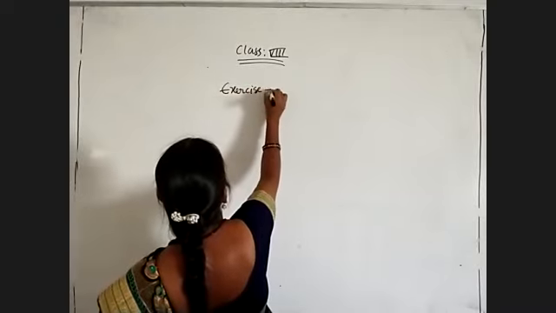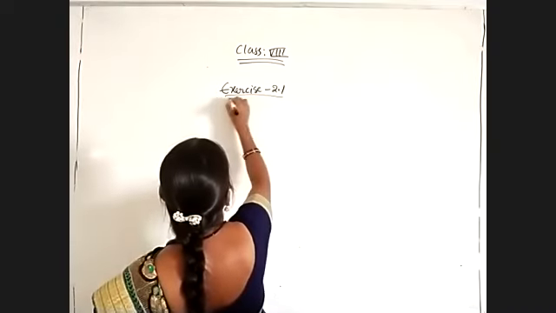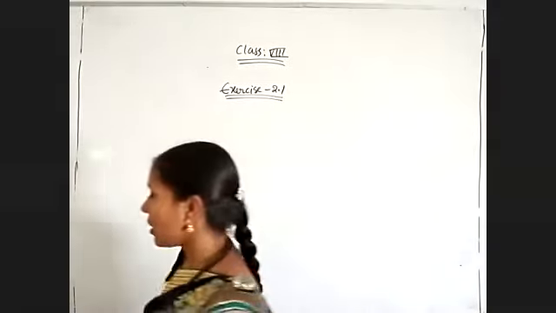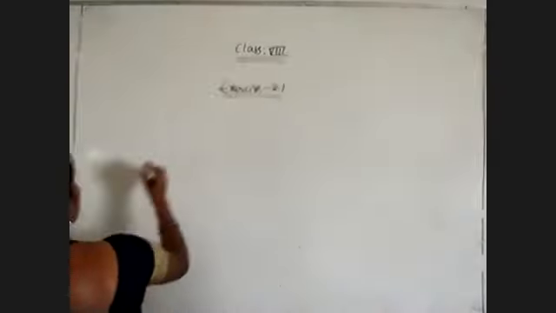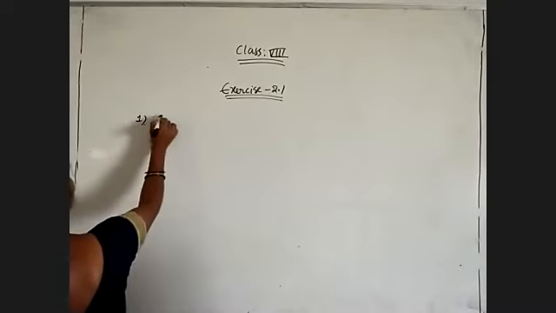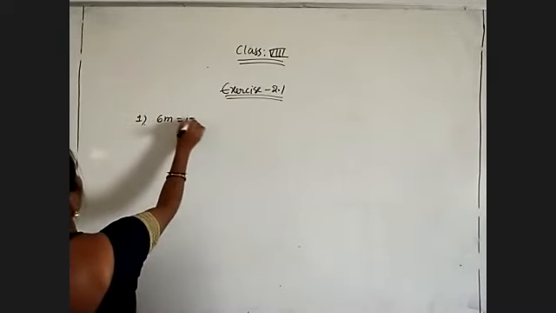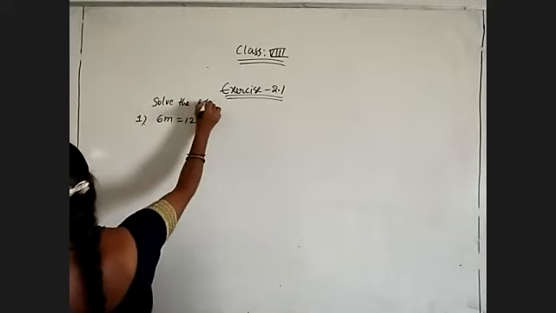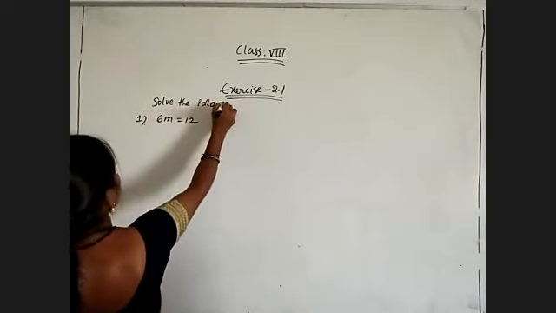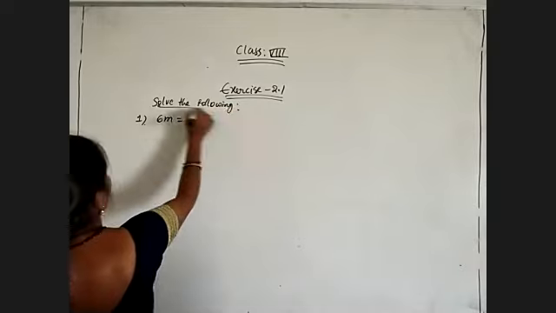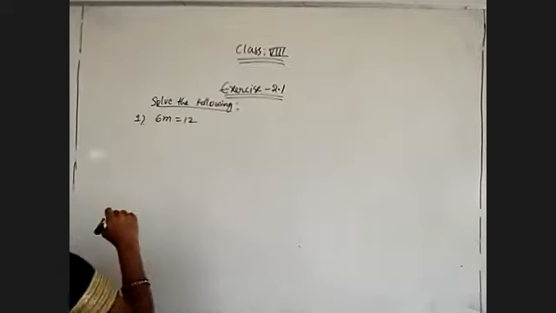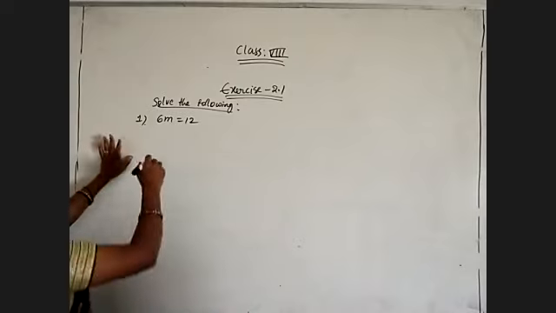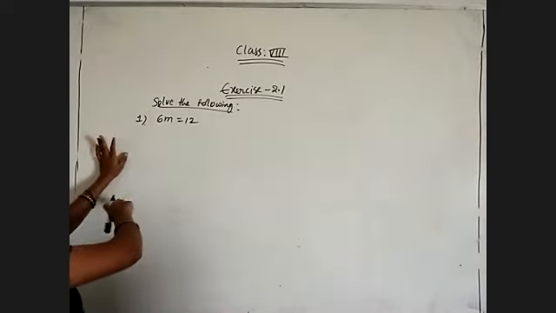Exercise 2.1. Solving an equation having the variable on only one side. How to solve? Solve the following equations. First question is 6m is equal to 12. How do I need to solve this? I am using the transposing method only.